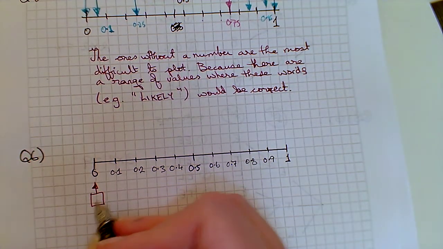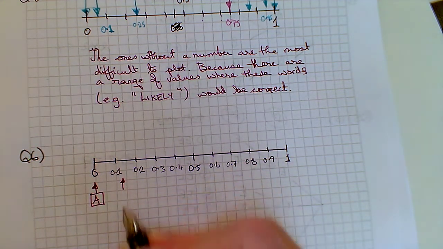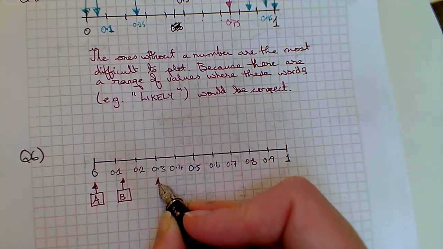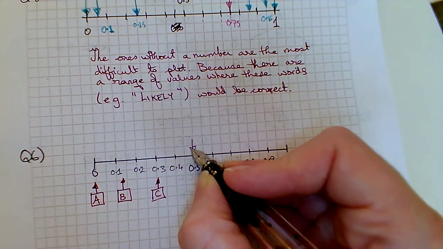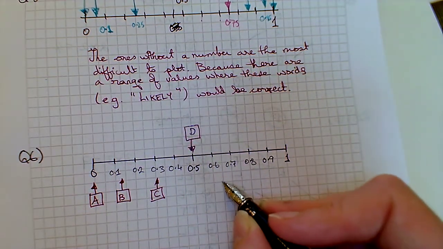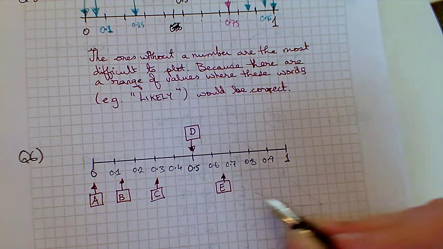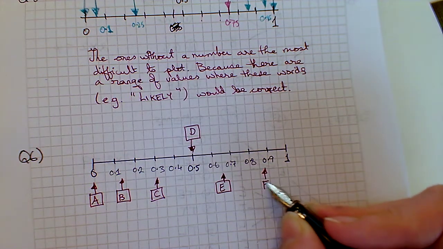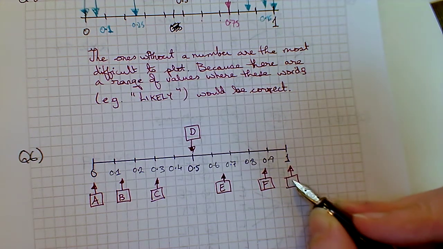So we had A at 0, B, something a little more than a 10% chance, C, right at 0.3, D, right at the 50-50 mark, E, about a 65% chance, then a little bit less than 90, we have F, and G, we have something certain.